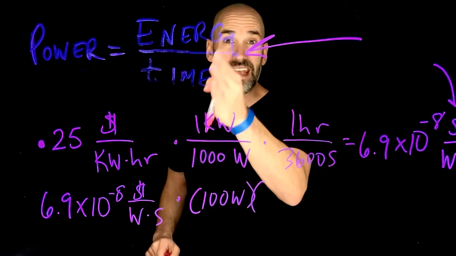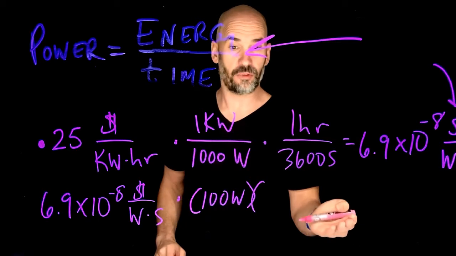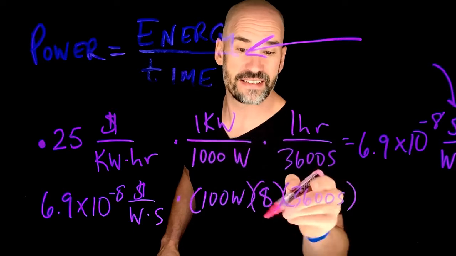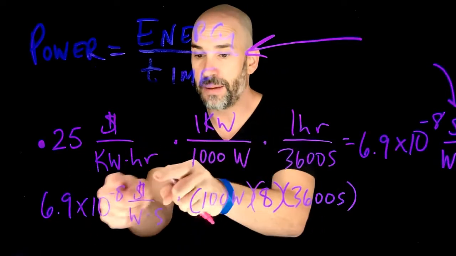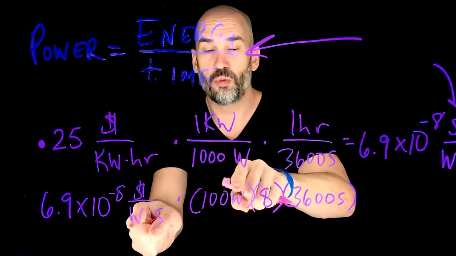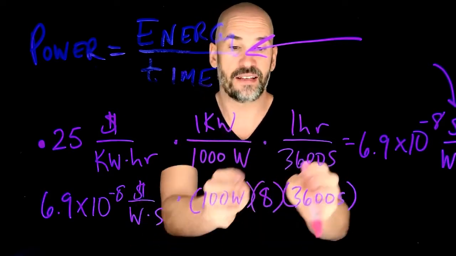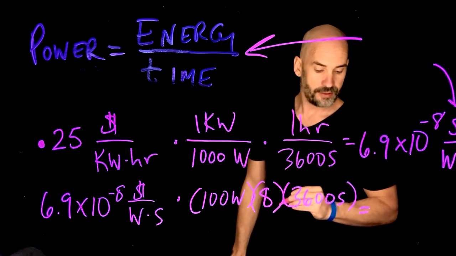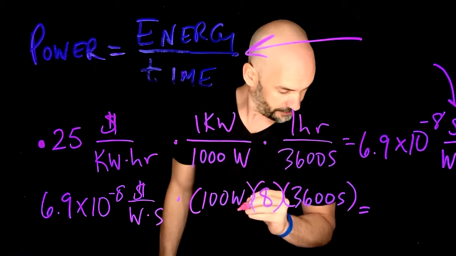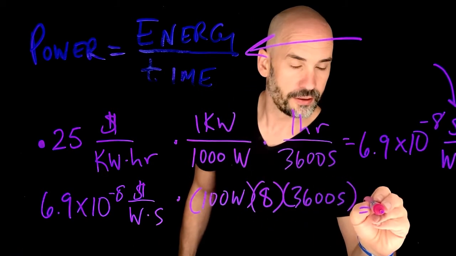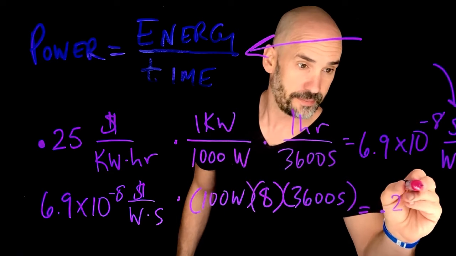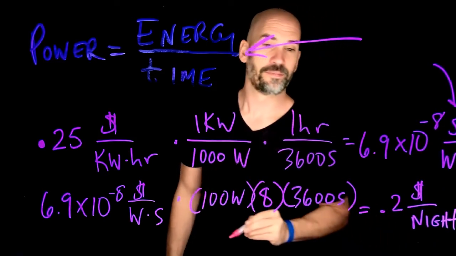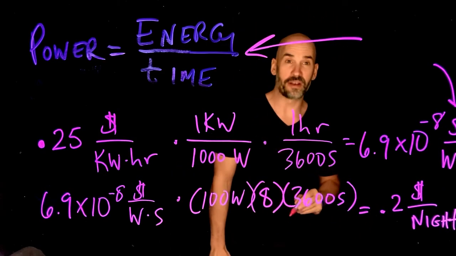So 8 hours is 8 times 3,600 seconds, because there's 3,600 seconds in every hour. So if this is the price that I pay per watt second, I want to find out how many watts, multiply by that, and how many seconds, and multiply by that. And what do I get? I get a value of $0.20 for one night. Okay, that's it. That's 20 cents.